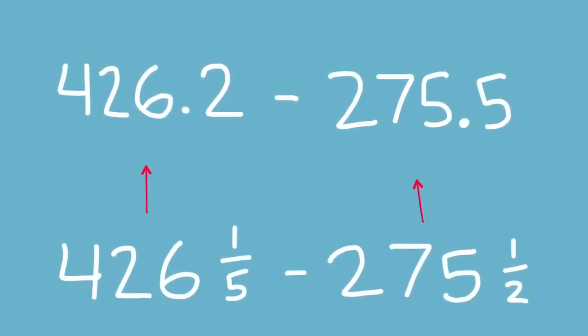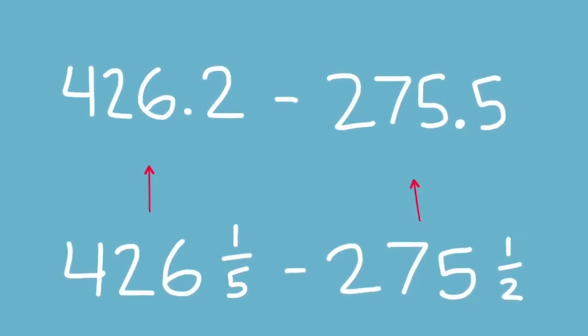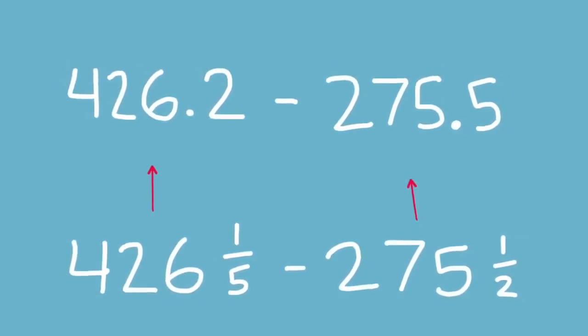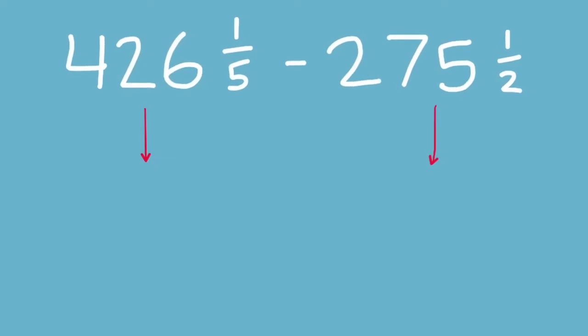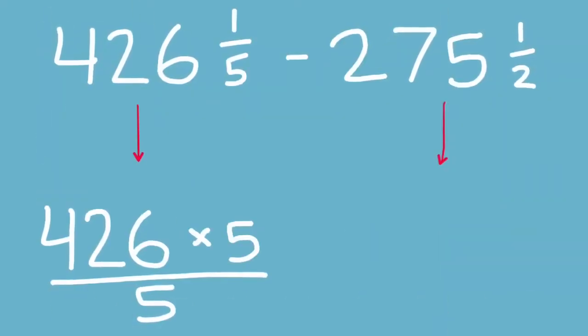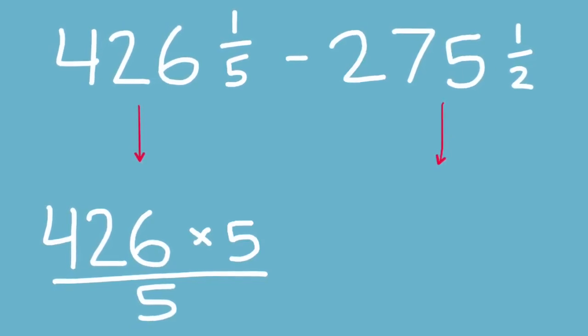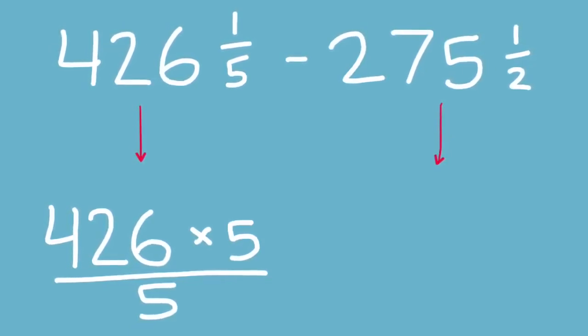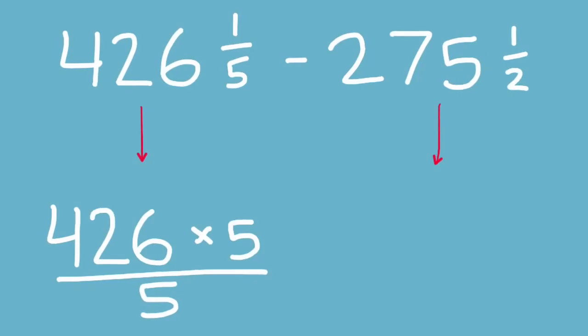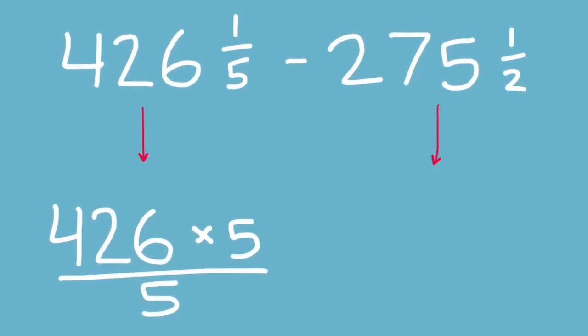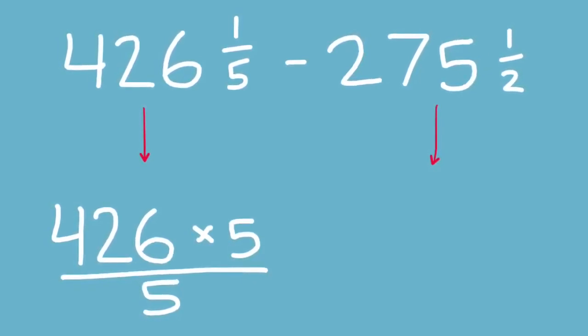But before we actually do the subtraction, let's do the other way of solving this, which is taking those mixed numbers and turning them into improper fractions. To make a mixed number improper, or to make it all just one big fraction, I need to see what the denominator is, and I'm dealing with fifths, right? 426 and 1/5. So how do I turn 426 into fifths?